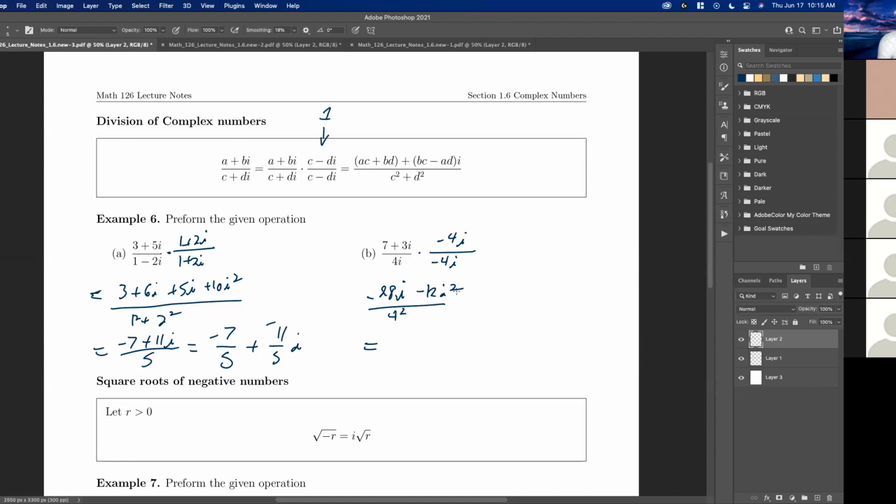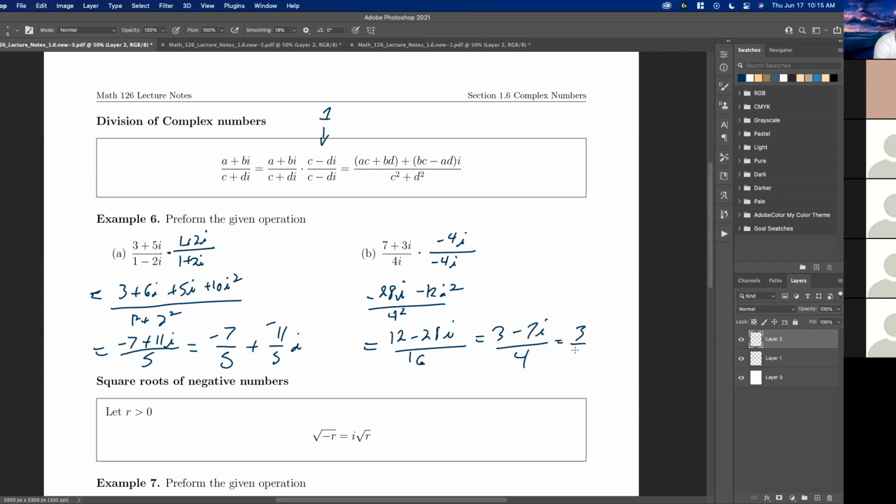This i squared becomes negative 1, so this becomes positive 12. So we negate this. Minus 28i all over 16. Here, there's a 4 everywhere, so we can simplify this to 3 minus 7i divided by 4.